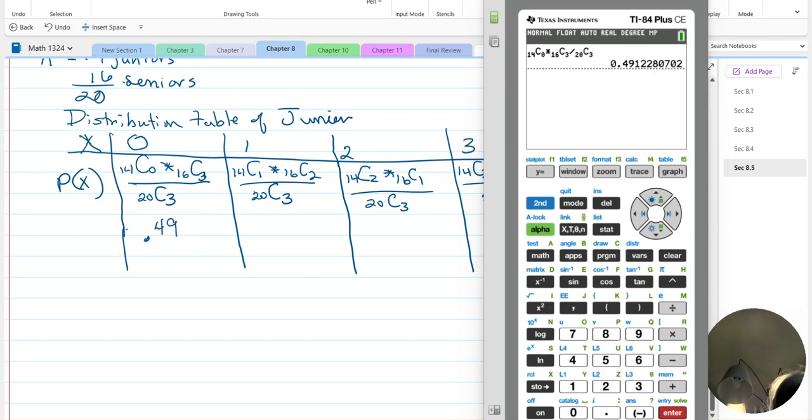We probably should do at least 3 decimals, but if you come off a little bit off on your homework, do 3 decimals on the probability and that'll solve it. Just making sure you don't get frustrated.